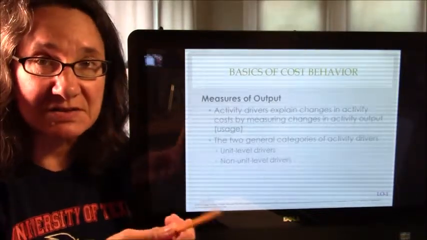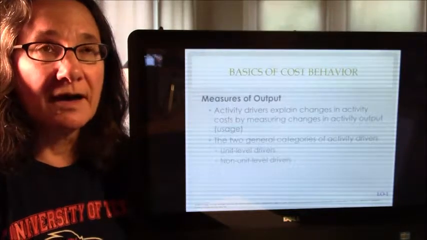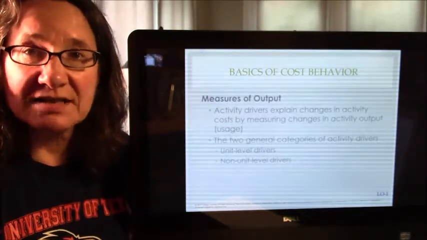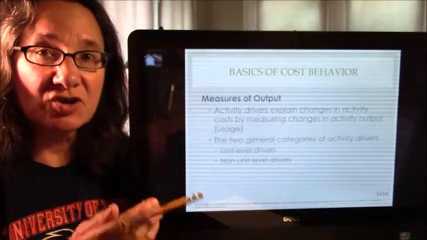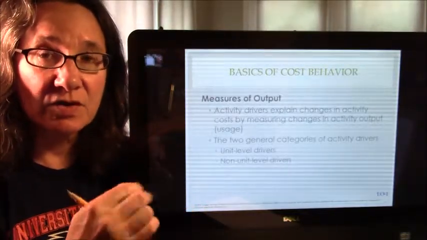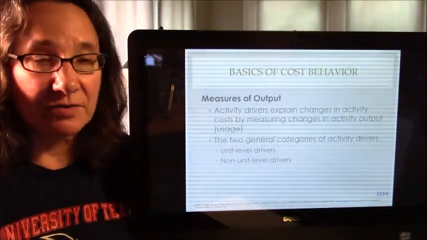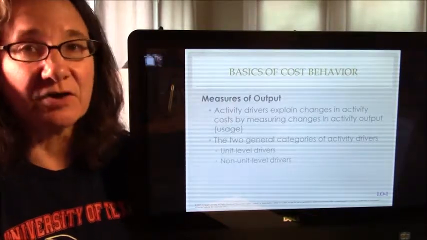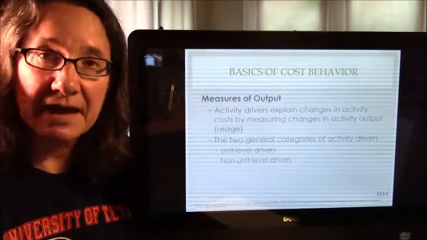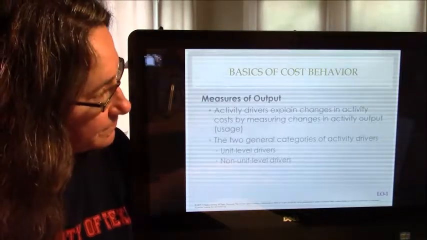Not how many pencils it makes, but how many hours it runs. So you can have different kinds of drivers, but the idea is still, as we increase that output, whether it's a unit or a non-unit driver, like machine hours, you're increasing your output, therefore you're increasing the total cost. And how does that total cost increase relative to those drivers?